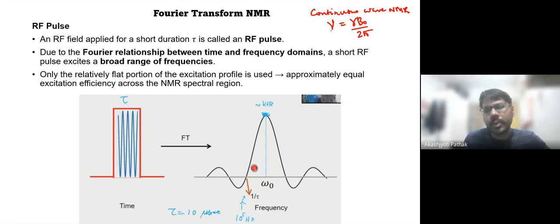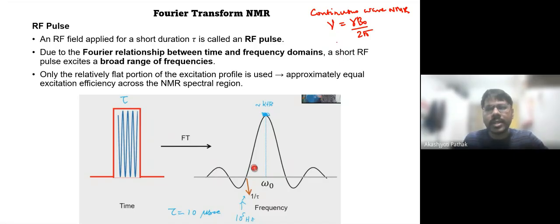At a particular frequency, this frequency will match the Larmor frequency of the nuclei, and when it does, we get an absorbance peak. But in Fourier transform NMR, we apply short pulses of radio frequency.